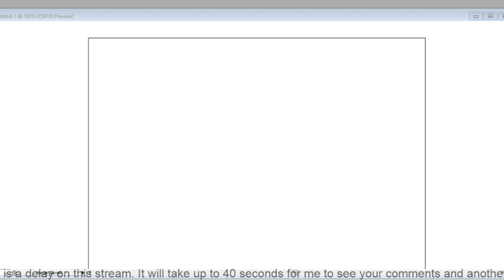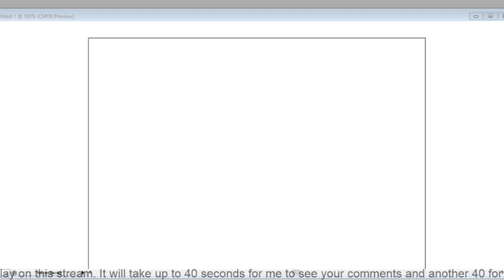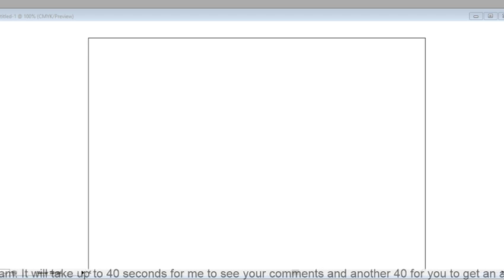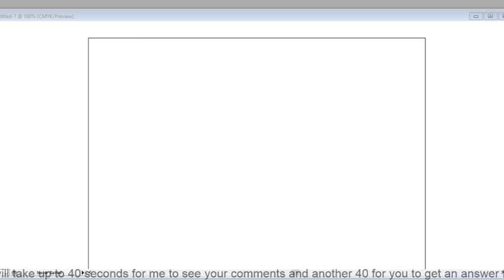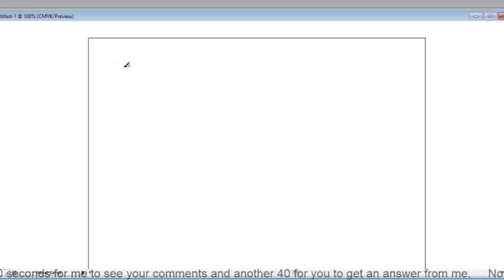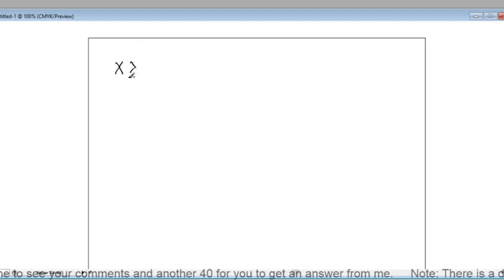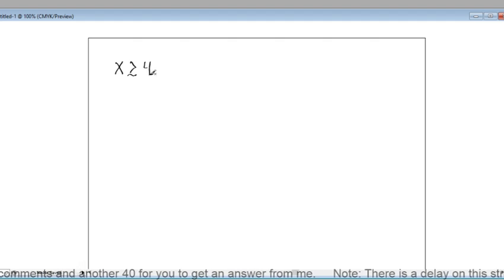So, yesterday we left off with the idea of sets. Sets being numbers that are kind of in a group. And we said that if we have something like x is greater than or equal to 4, this represents a set.